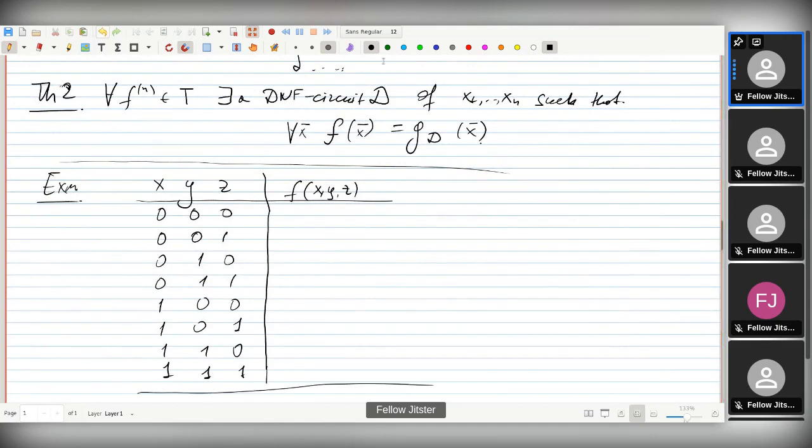Please give me some values, whatever you want. It is your choice. Give me some values. Ladies and gentlemen, are you present here?